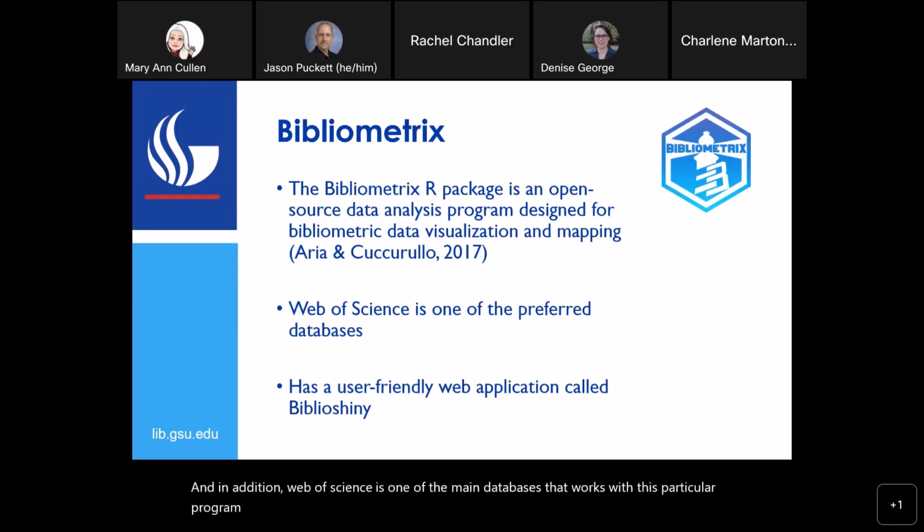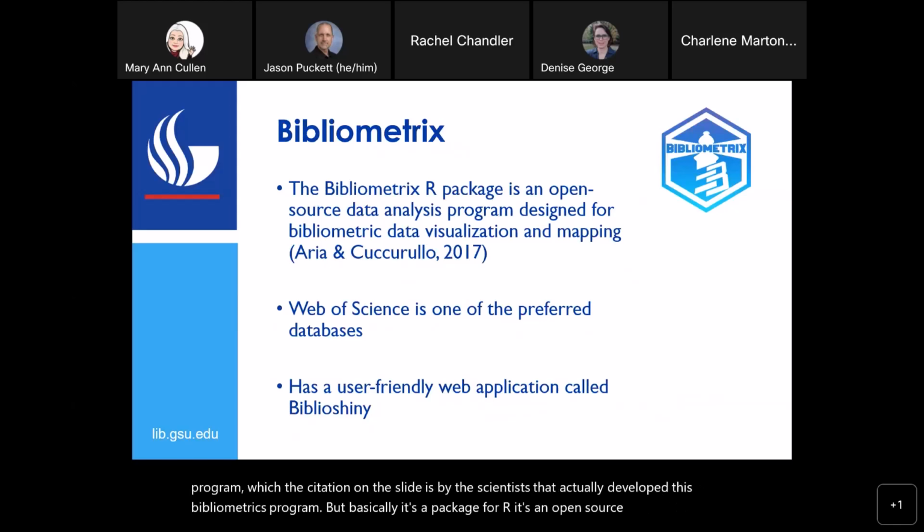which this citation on the slide is by the scientists that actually developed this bibliometrics program. But basically, it's a package for R. It's an open source data analysis program designed specifically for bibliometric data visualization and mapping. As I said before, it's a little bit more designed for looking at scientific research and publications, but it really works for any type of publication.